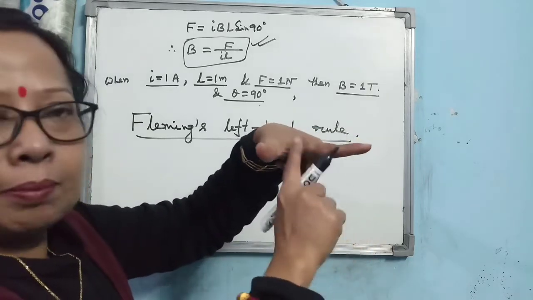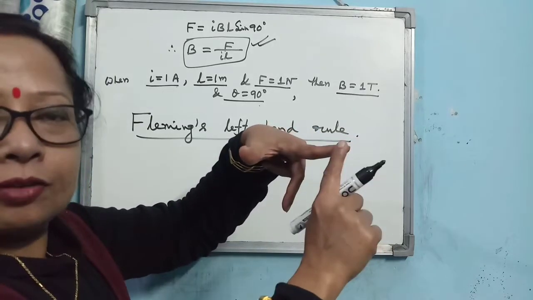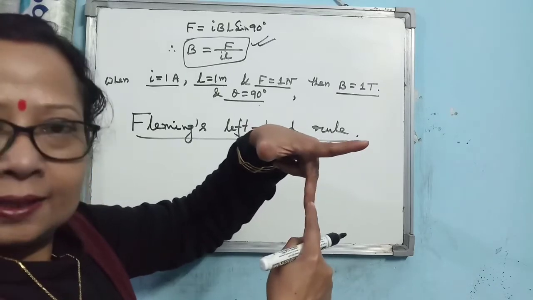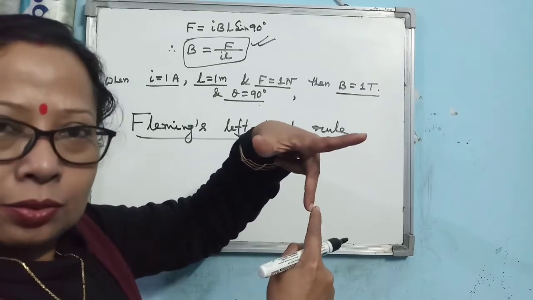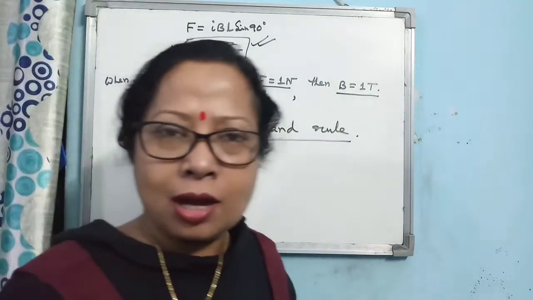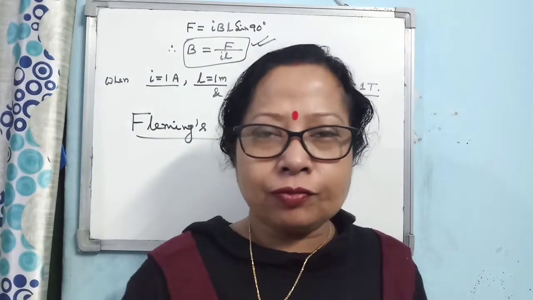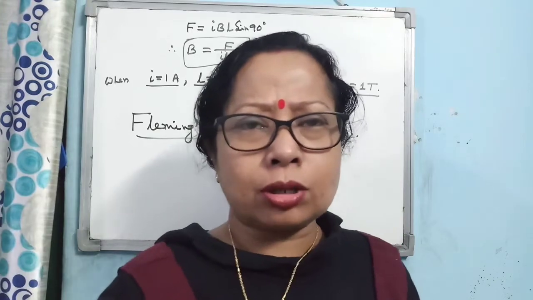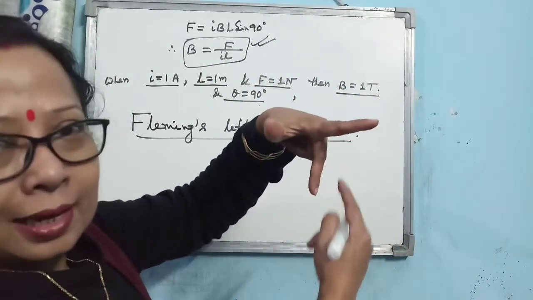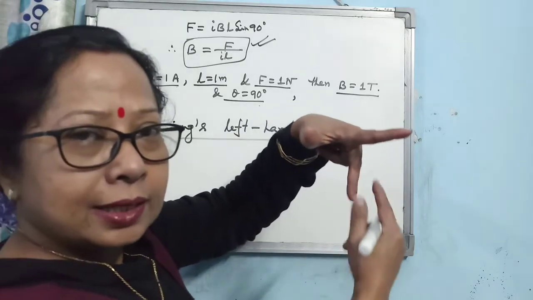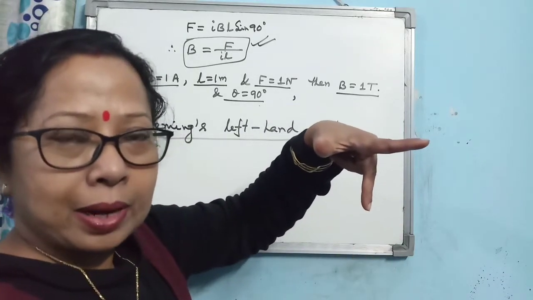M, mother, is the direction of the magnetic field. C, child, is the direction of the electric current. And you know all children are like this, always ready to give a strong electrical shock to the parents.